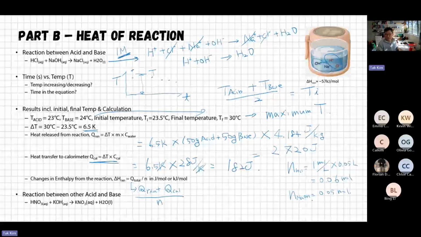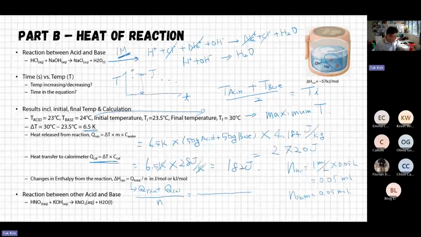The reason is that it limits the reaction, and if there's no more reaction, there'll be no more energy coming out, right? But since we have the same number of moles, it is not going to be an issue.